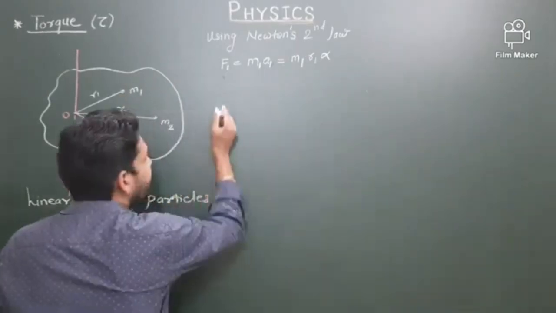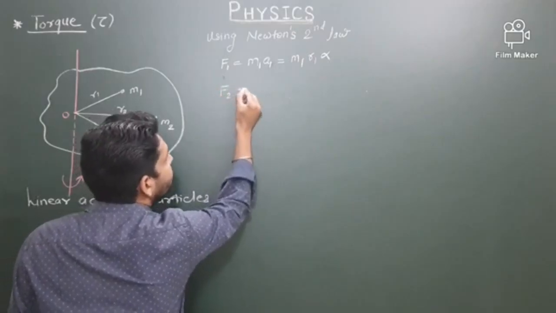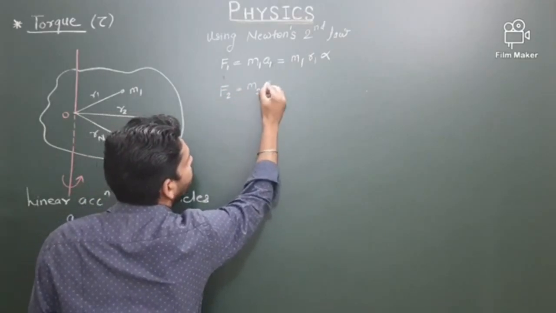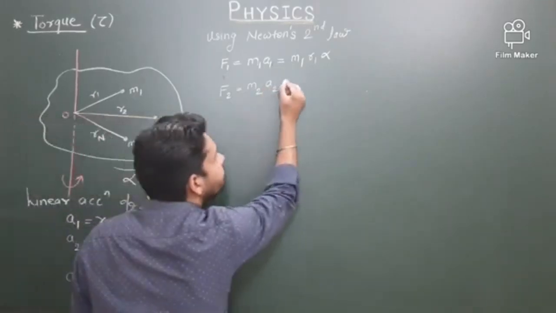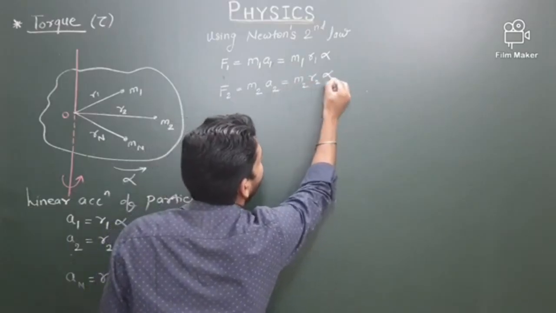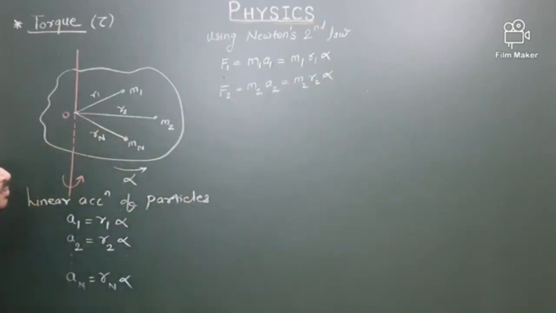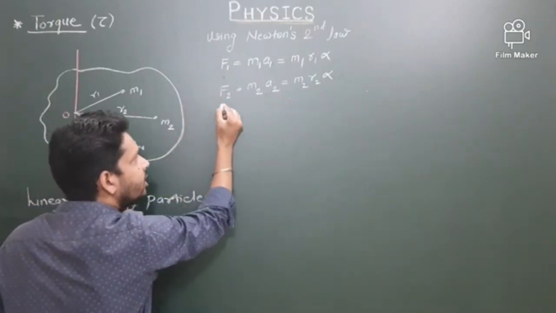So what will be the force acting on the second particle? F2. F2 is equal to M2 A2, so it will be M2 into R2 into alpha. So this is the force acting on the first particle, and the force acting on the second particle.